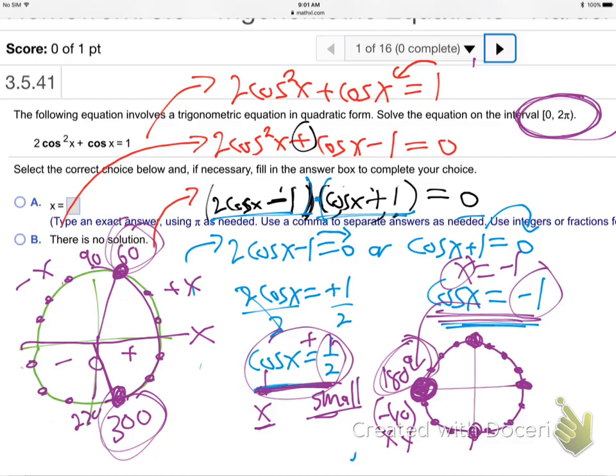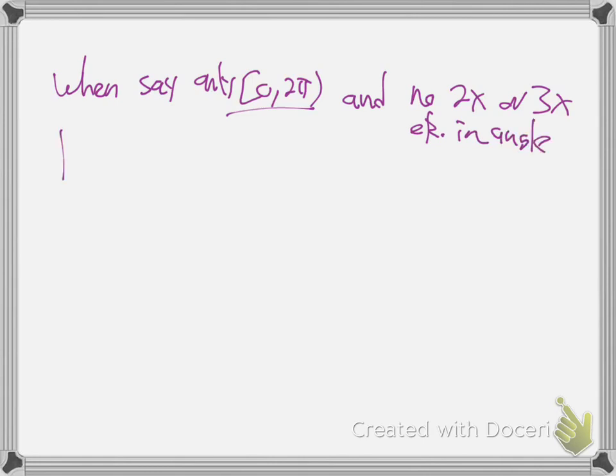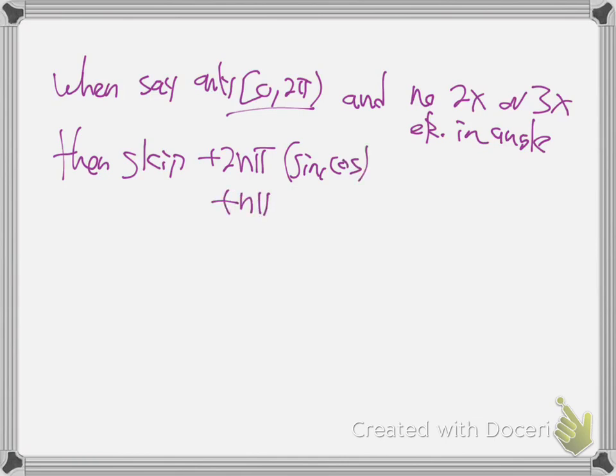But that's not the whole story, because it's a little more tricky than that. When they say only 0 to 2 pi and there is no 2x or 3x, etc. in the angle, then skip the plus 2 pi for sine or cosine, and plus pi for tangent.